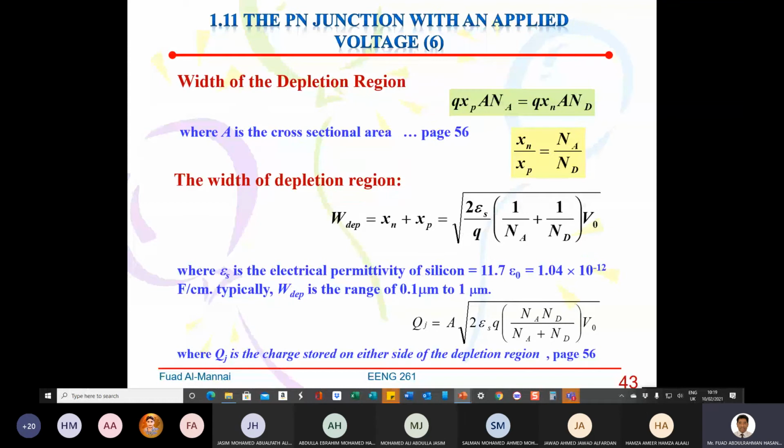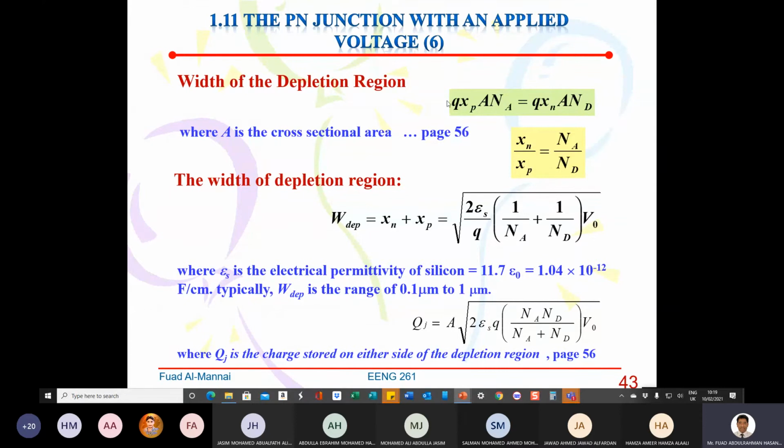Now what we're going to do is calculate the width of the depletion region. Is there any question before we move? It is given by q times Xp, multiplied by the cross-sectional area, multiplied by the acceptor concentration Na, equal to q times Xn, multiplied by the cross-sectional area, multiplied by the donor concentration Nd.